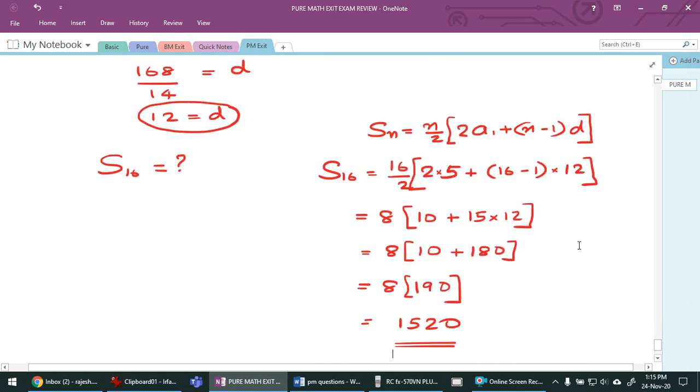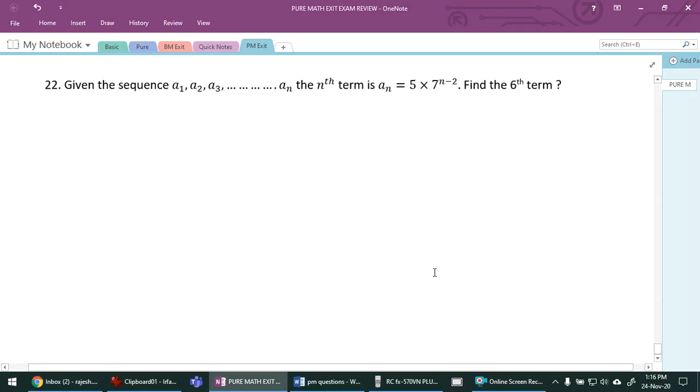Question number 22. In the sequence a1, a2, etc., an, the nth term is an equal to 5 into 7 power n minus 2. We want to find the sixth term. So an is already there, 5 into 7 power n minus 2.